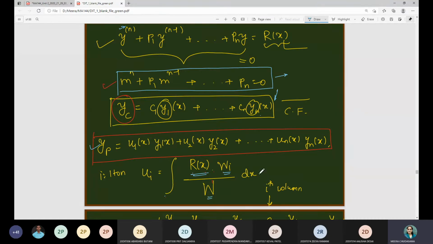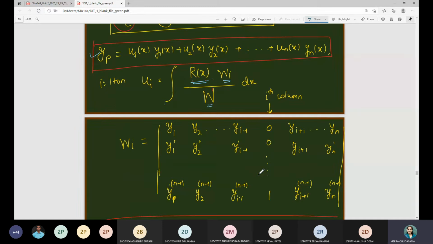What is this W? The Wronskian, which is represented by the rows. The first row corresponds to solutions, the second row, third row are further derivatives with increasing order, and for wi, the ith column will be replaced by all entries 0 except the last entry as 1.